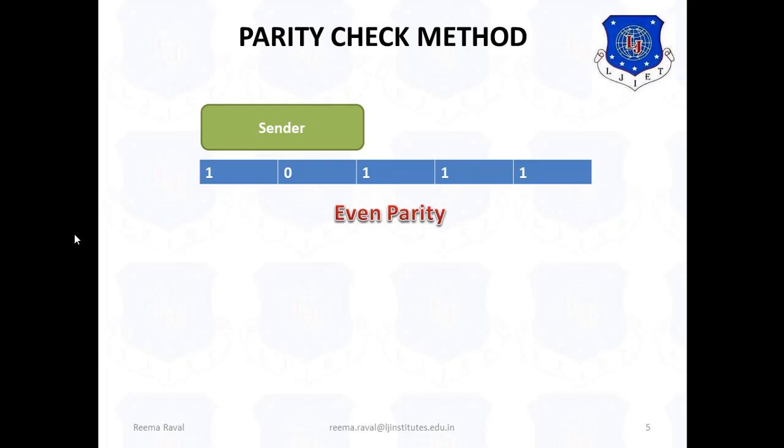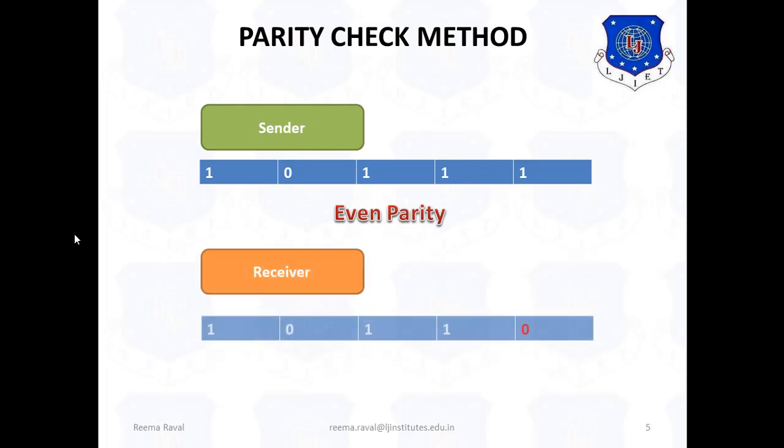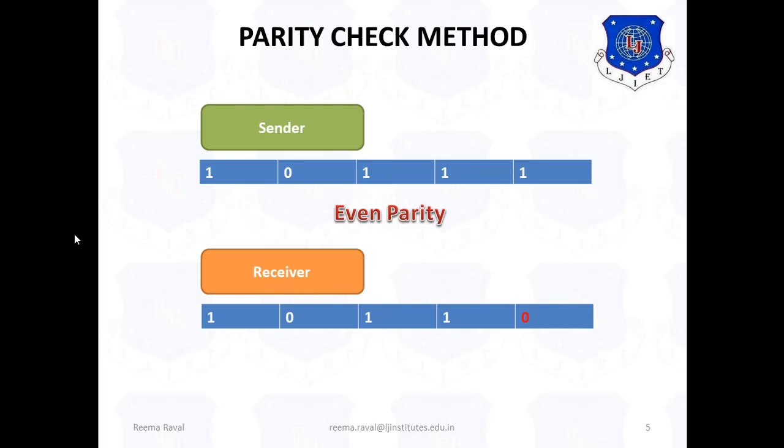Here in the given data sequence there are 4 ones, so this indicates even parity. Now at the receiver side the received data is 10110. As you can see, the number of ones is reduced to 3, so this becomes odd parity.